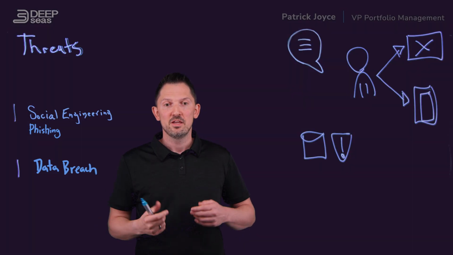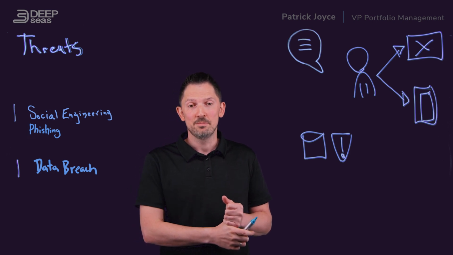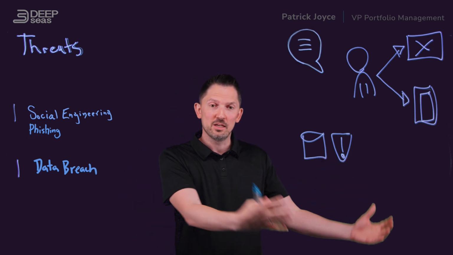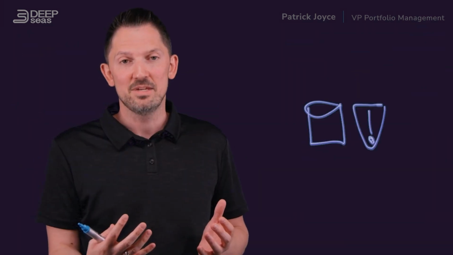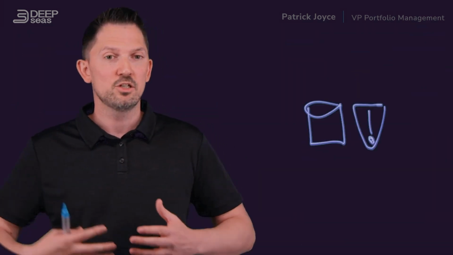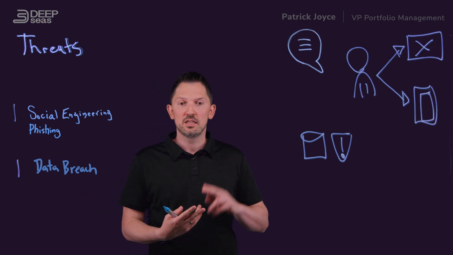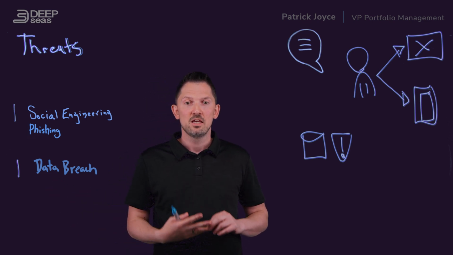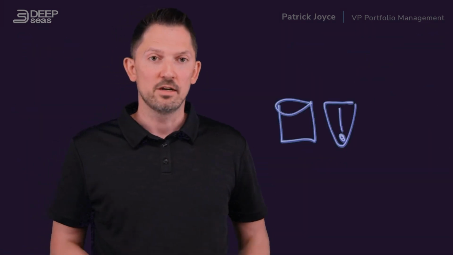And in this scenario, the attacker is able to get not just one identity and password, but they have the potential to get a whole boatload because they capture maybe the entire identity database. And then they're in a position to use all those identities against your organization, and they can launch a variety of attacks to gain access and to forward the type of attack they're trying to launch.